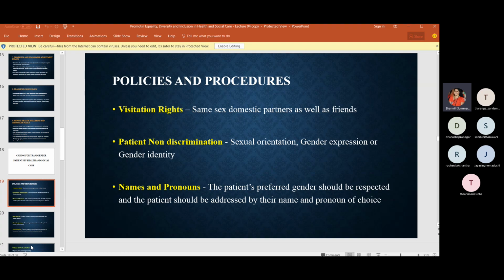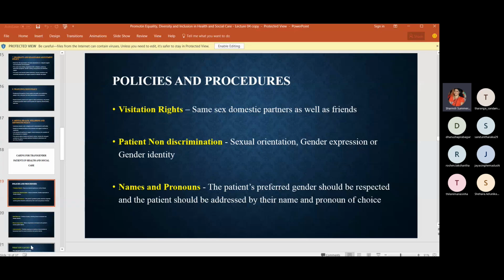Any people can visit, irrespective of age or gender. If a person says that he is a relative or a partner, then they have the right to visit and see the condition of that patient. This is the visitation rights.